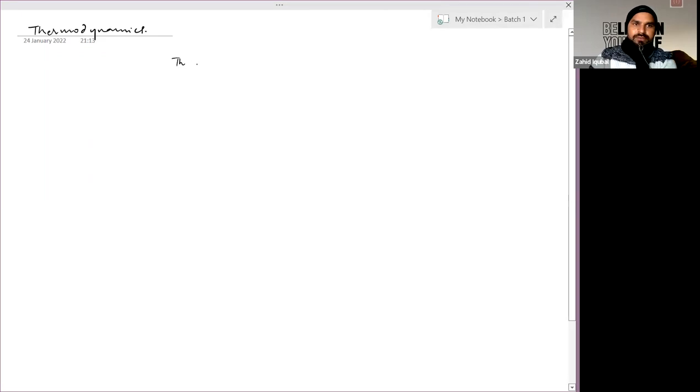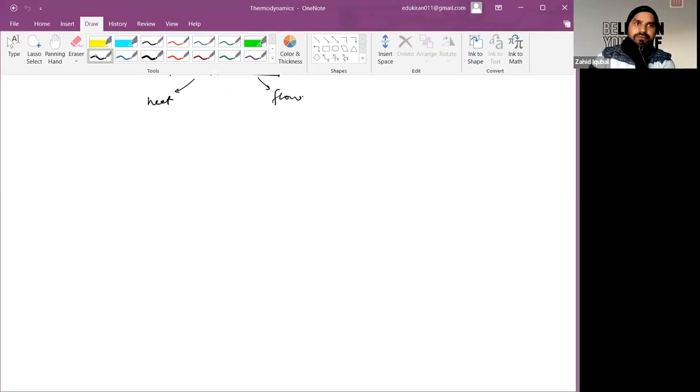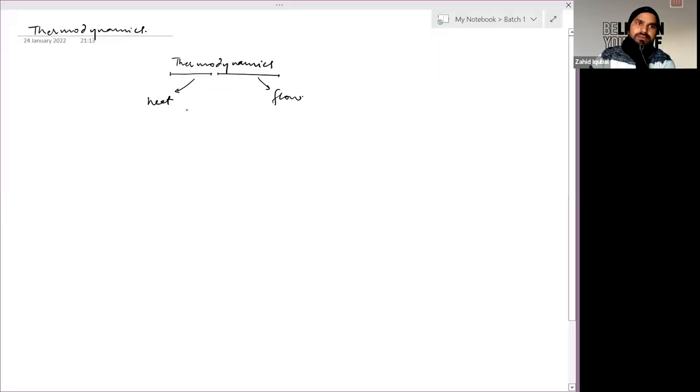It consists of two different words, therm and dynamics. Therm means heat and dynamics means flow. So we can say it is the study of flow of heat, or the responsible factor to flow heat from one point to another.